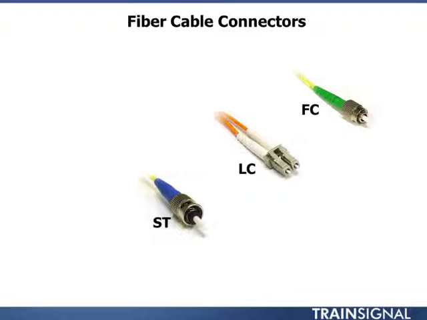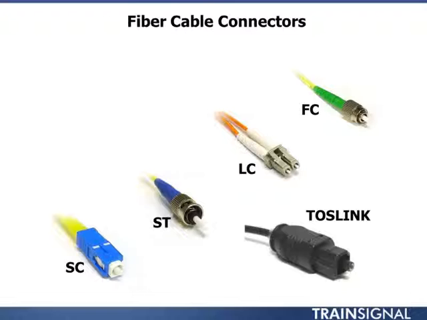That's the easy way, the ST, because it also screws on. And then SC, which is actually sometimes referred to as stick and click because you push it in until it clicks. In most situations, you're going to be seeing just about all of these types of connectors. And then there's also the toss-link type of connector, which you may not likely encounter, but you need to know about its availability and awareness.